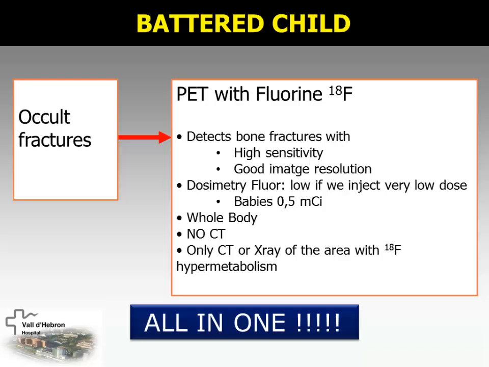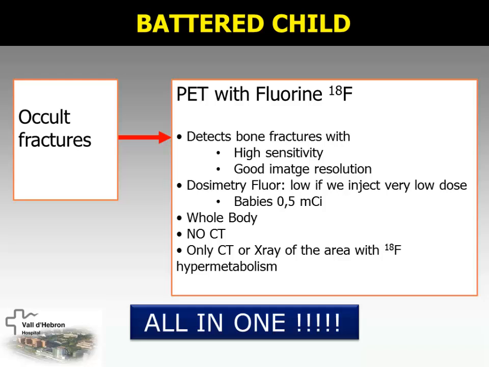And what happened with the PET with fluorine? The PET with fluorine detects the bone fractures with higher sensitivity than the bone scan and the X-ray survey, and with a very good image resolution. The dosimetry of the fluorine is very low, lower than the bone scan, if we inject a very low dose with a good PET-CT scan.